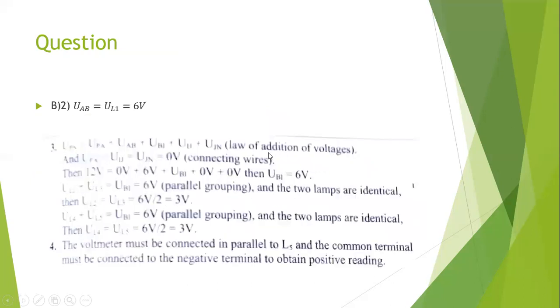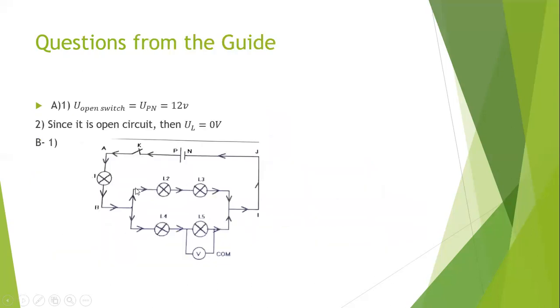So since they are identical lamps, they have the same current, and they are connected in series, so they have the same current. Here we have two branches, so the main current will divide by half. So we have 250 milliampere here and 250 milliampere here.